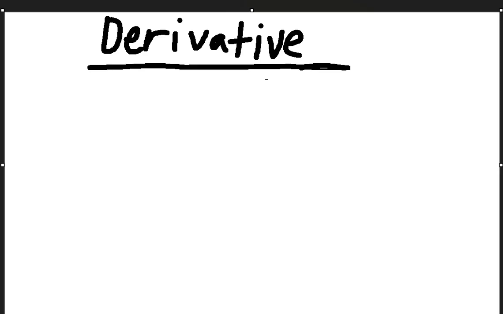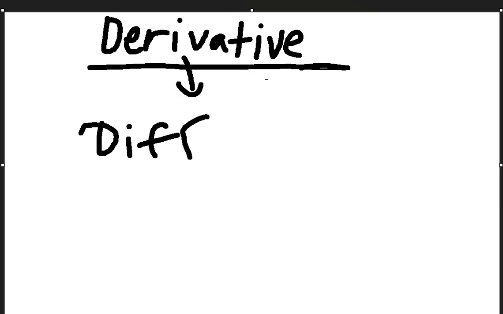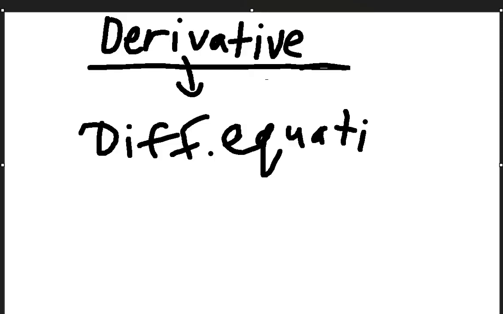Technically, derivatives go into differential equations. So I'm just going to put it here too. Diff equations. This is sloppy handwriting. And you kind of saw an example there of differential equations.